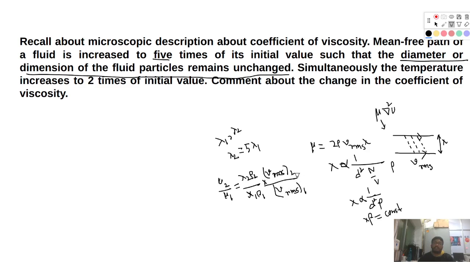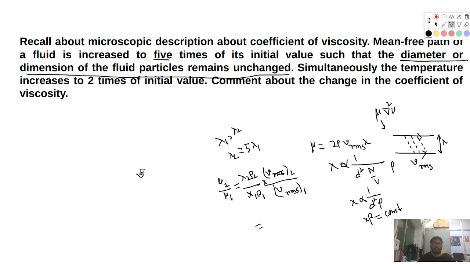Now as d is not changing, lambda rho is constant, so these two will cancel out, because lambda 1 rho 1 equals lambda 2 rho 2. So what else we have is v_RMS 2 and v_RMS 1.